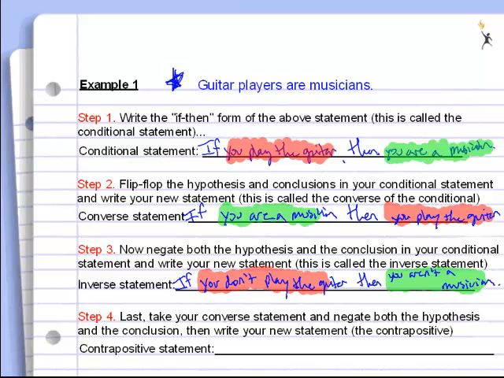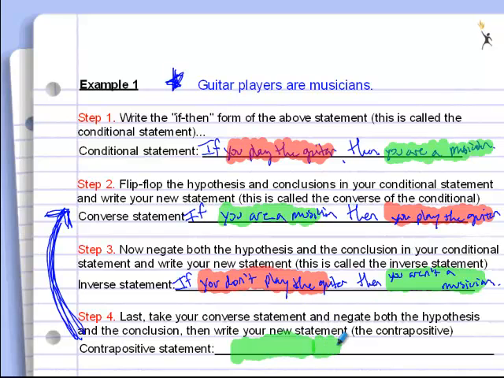Now we go to the contrapositive. And the contrapositive is exactly the same as the converse, except it's negated. So I look at how my converse statement was written, and it was written like this. I really like the highlighted parts because it keeps my hypothesis and conclusion separate. I can see how each one flips.